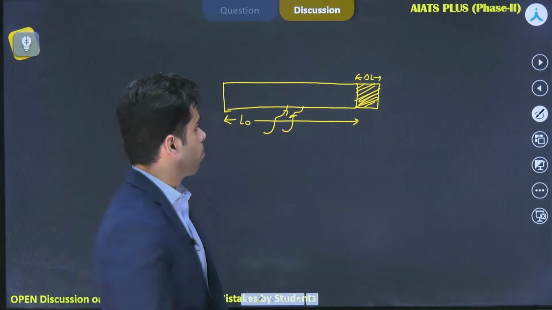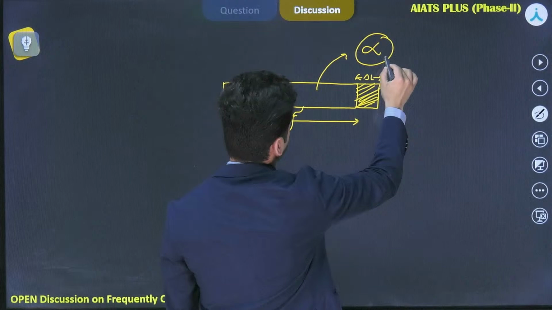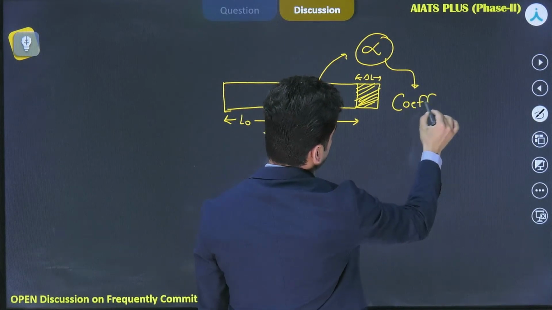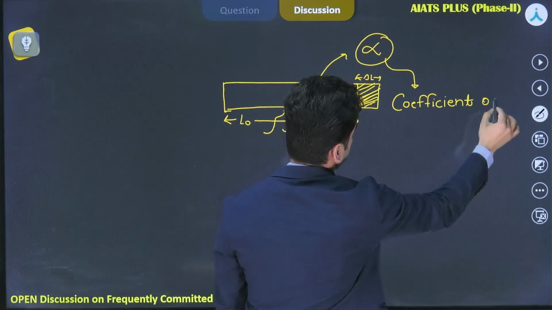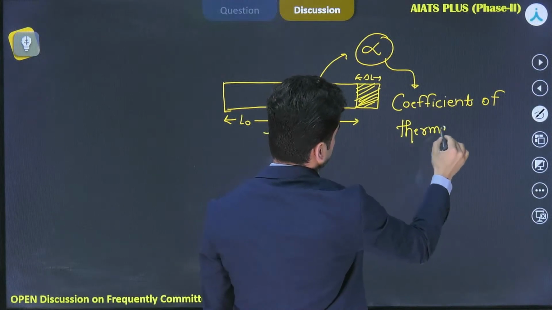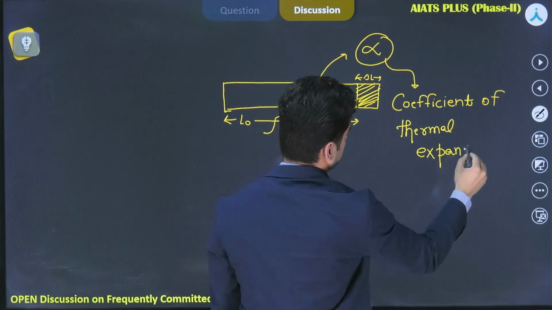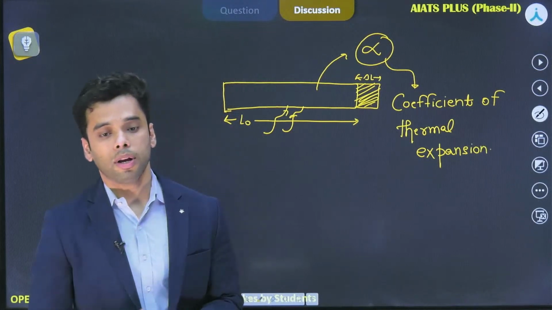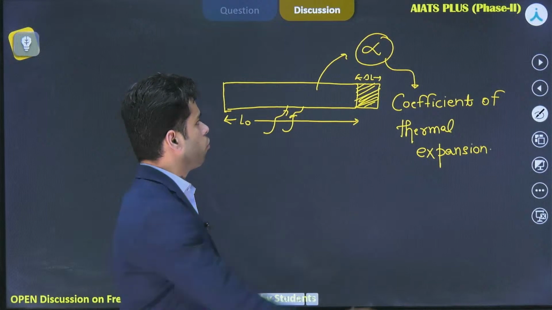And the coefficient of thermal expansion of this rod is given to me as alpha. Alpha is the coefficient of thermal expansion, right? And we need to find this delta L.